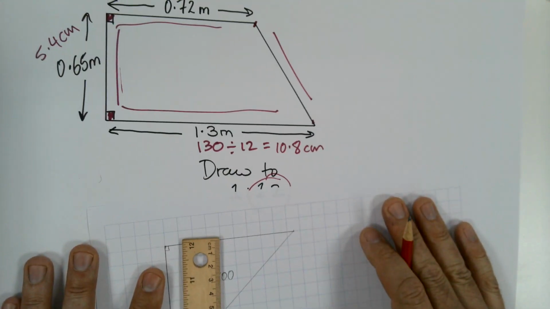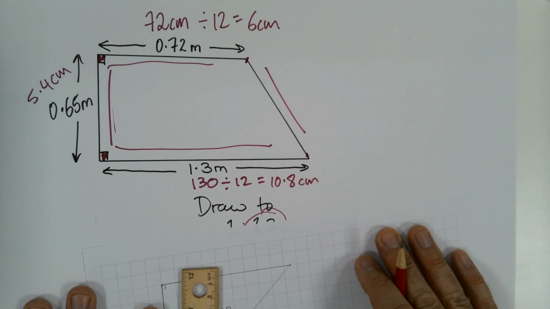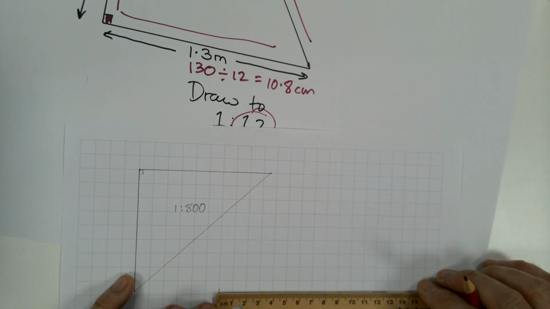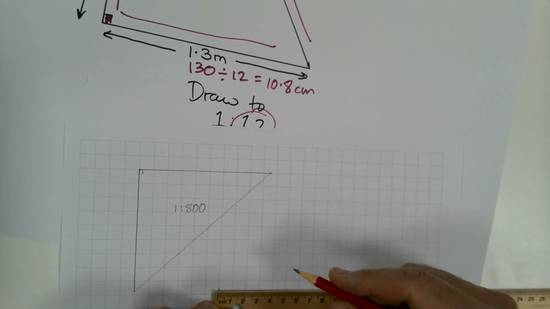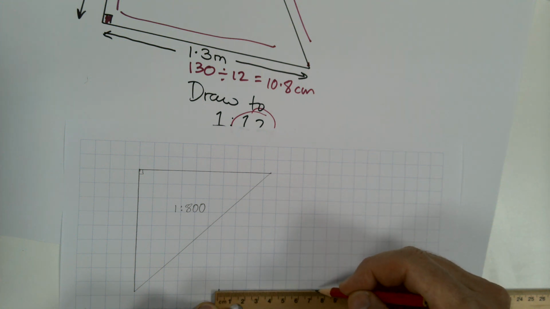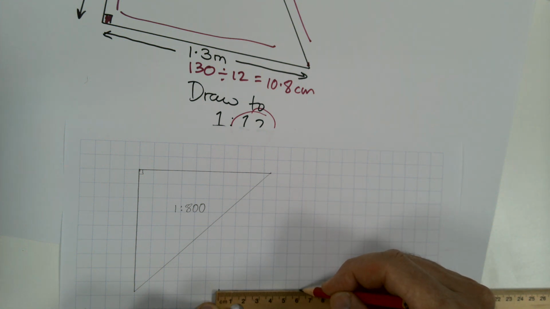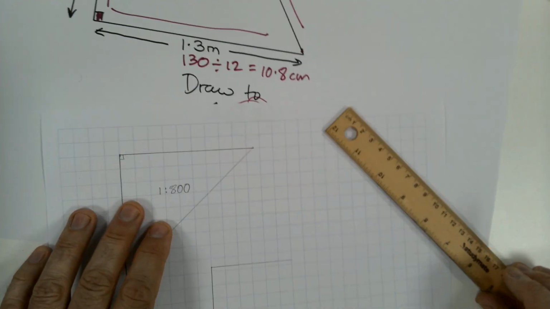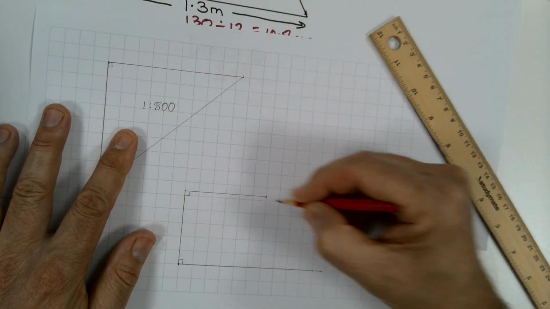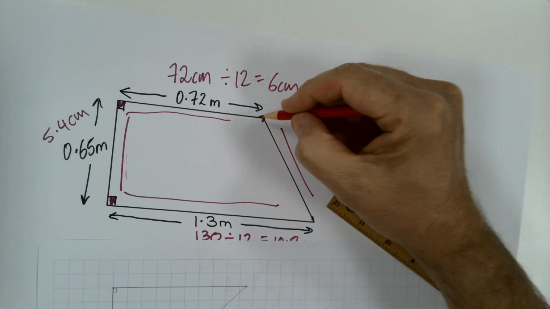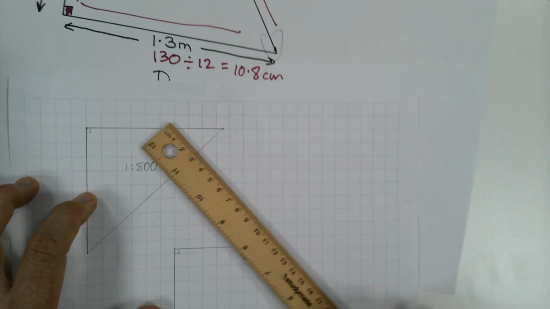And the top bit is 6 centimeters precisely. You can just count if you want, but it'll end up there. Now, I'm not running on a grid line, but you've just got to line it up with the other grid lines to make sure you do have a nice right angle there. Then I just got to join those 2 points, and that gets my sloping side.